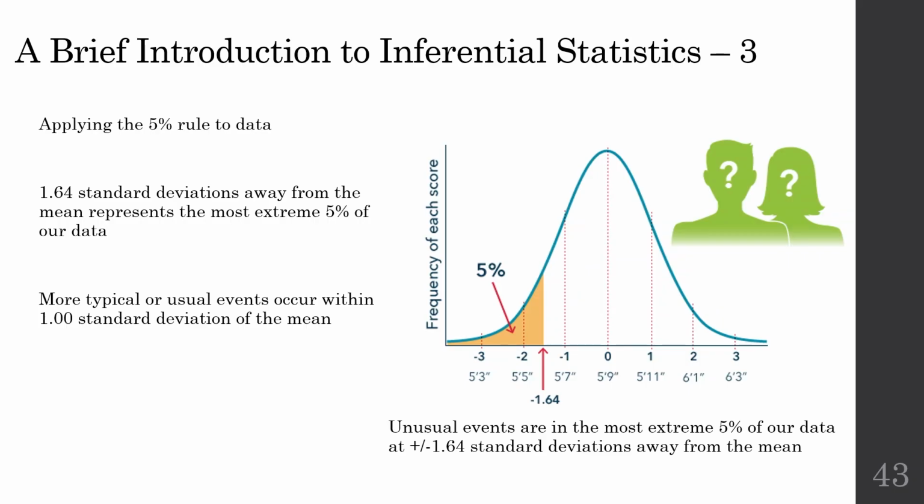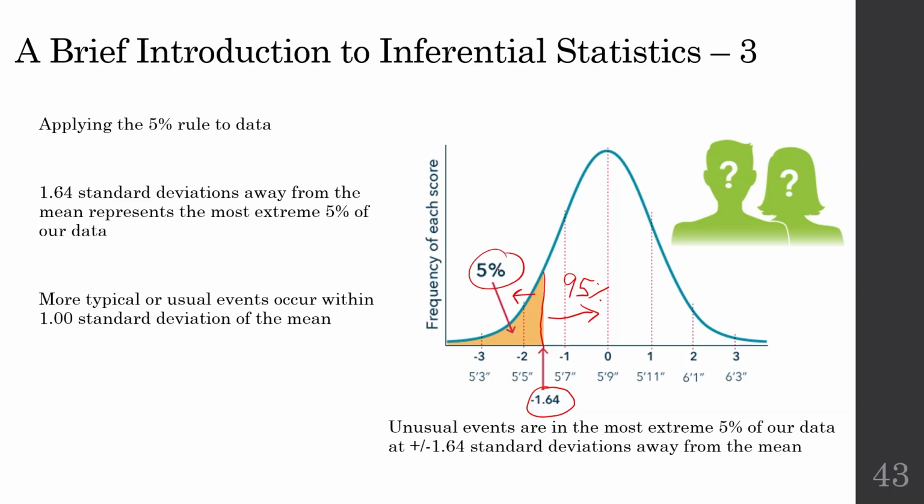And so when we apply this 5% rule, when we look at this in terms of standard deviations, we can see that about 1.64 of a standard deviation accounts for 95% of the rest of the data. So what I mean by that is if we draw this line here at -1.64 standard deviations, everything on this side of the line accounts for about 95% of all of our data, and everything on this side of the line accounts for 5% of our data.